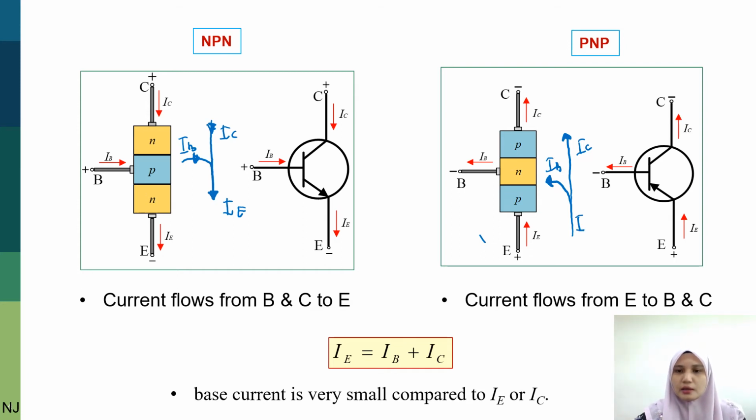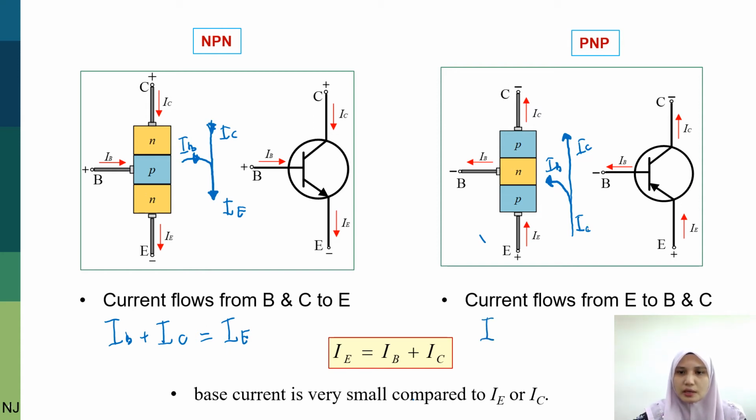We know that current in equals current out, so we can write the equation IB plus IC equals IE.